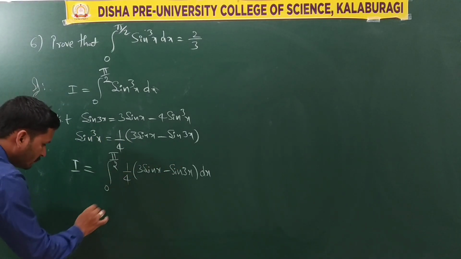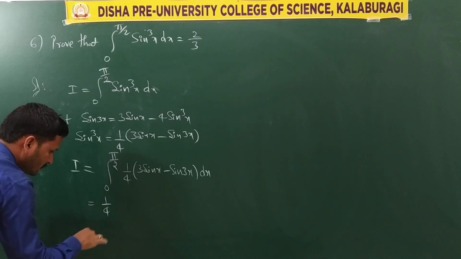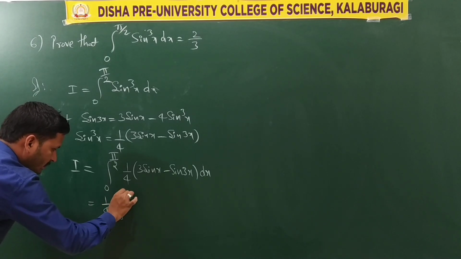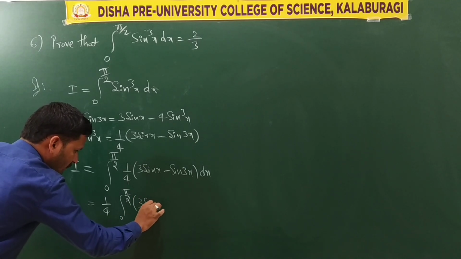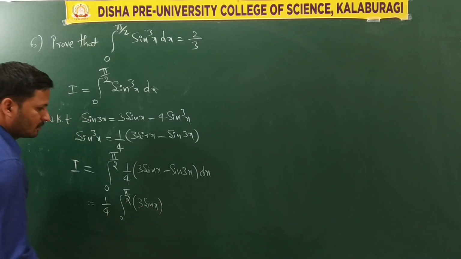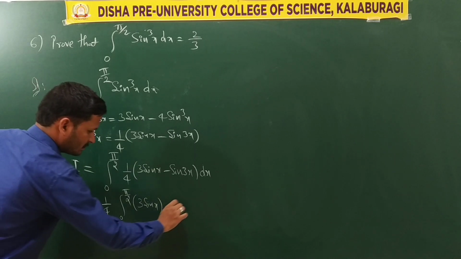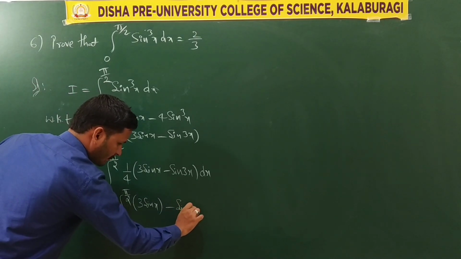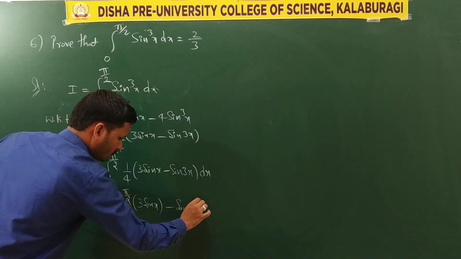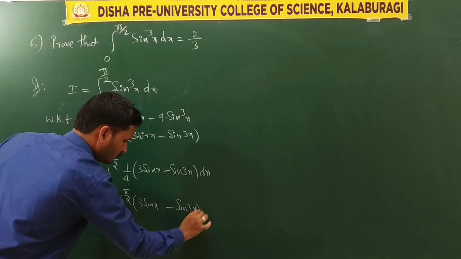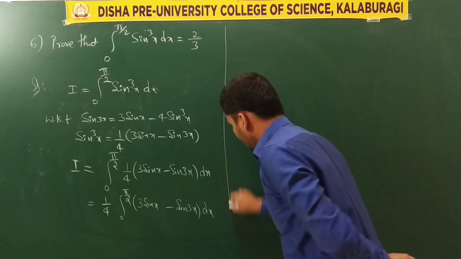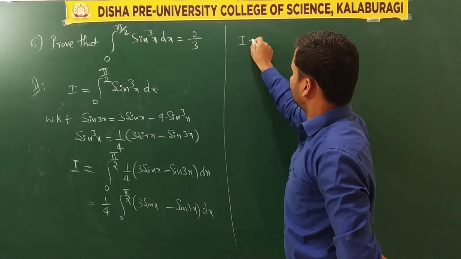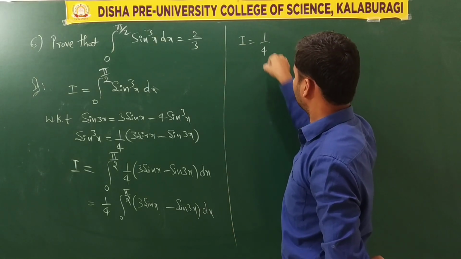Here 1 by 4 is a constant, take it outside the integral. Now the integral from 0 to pi by 2 of 3 sin x minus sin 3x dx. I is 1 by 4 as it is.